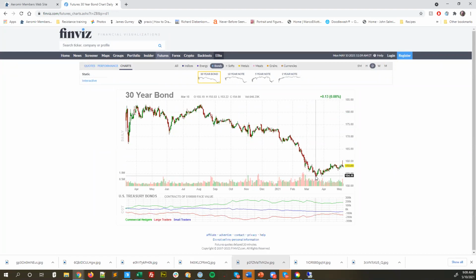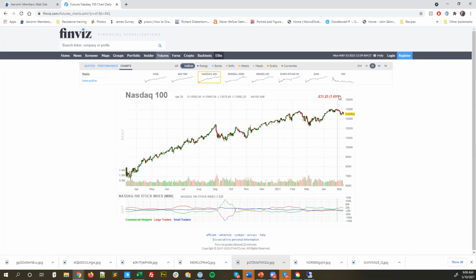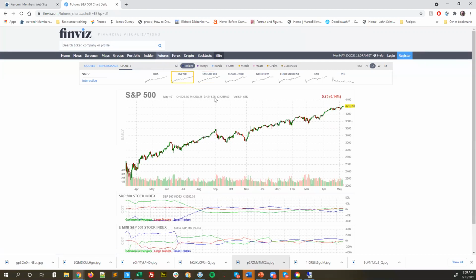So mid to late March. Let's flip back to NASDAQ. Mid to late March. It was a little bit earlier, but yeah, similar. And the S&P continued to make new highs while the NASDAQ lagged badly. Right.